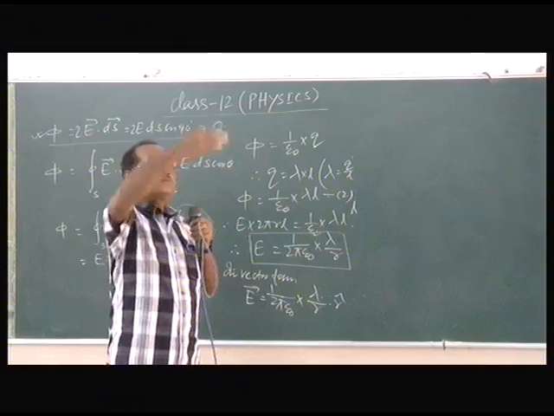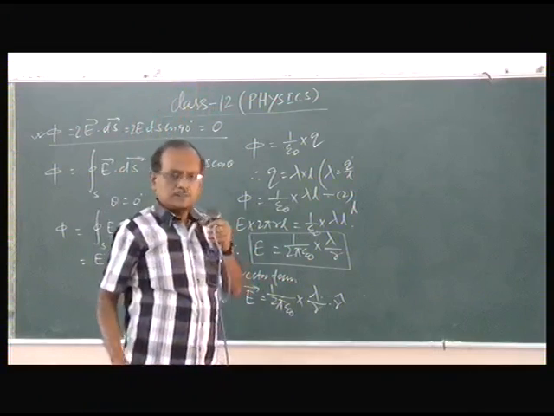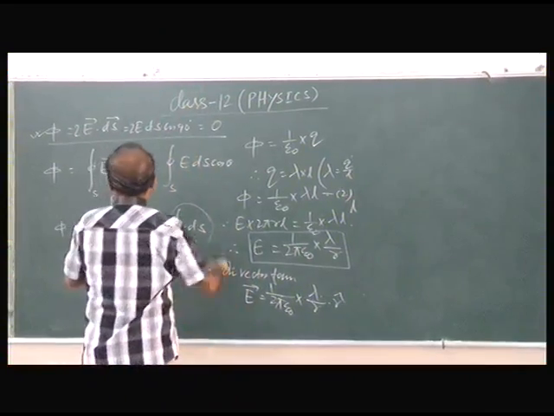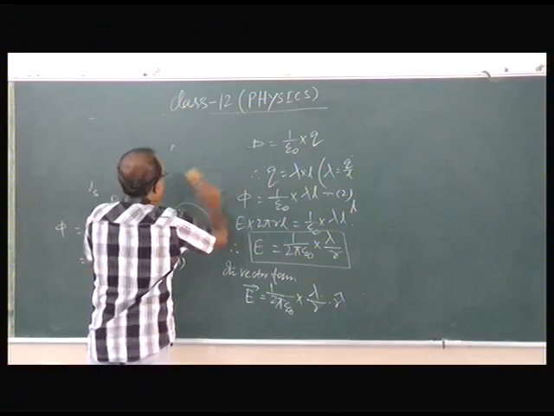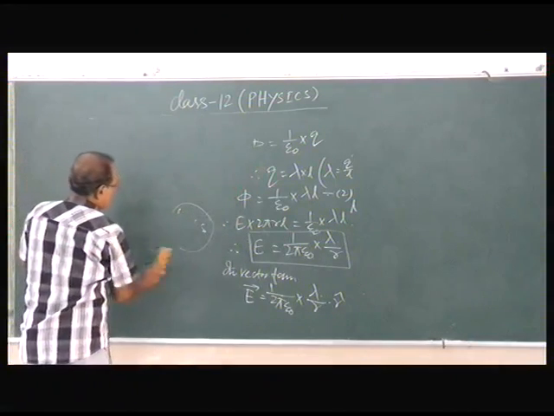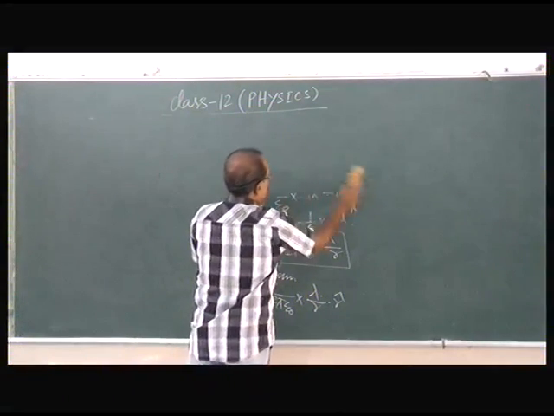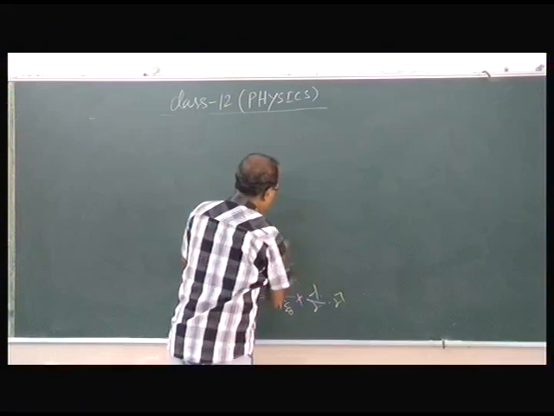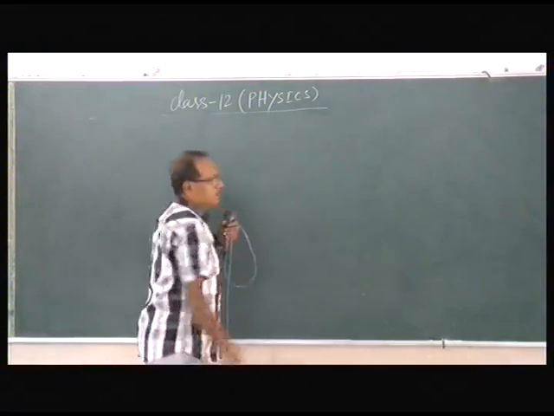It means charges making a thin wall, a thin surface. So in this case, we'll consider a thin sheet of charge, and the surface charge density is, say, sigma coulomb per meter square.